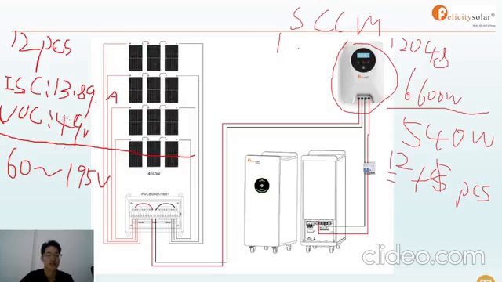Each panel is 49 volts. We divide 195 by 49, and the number should be no more than 4.